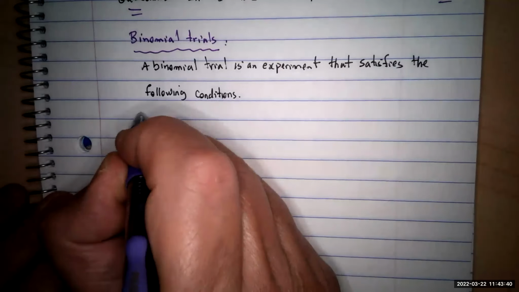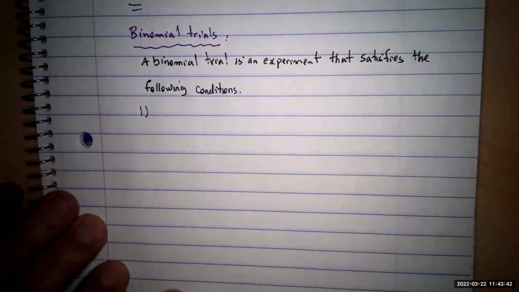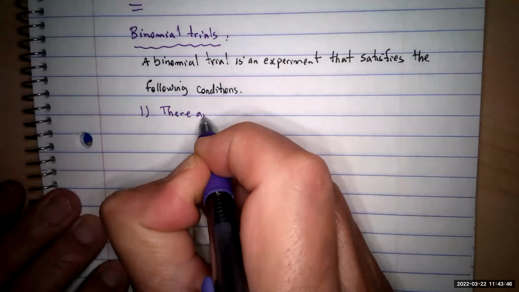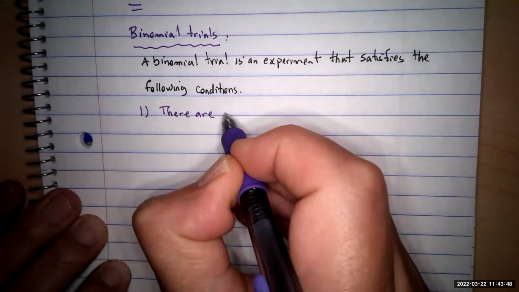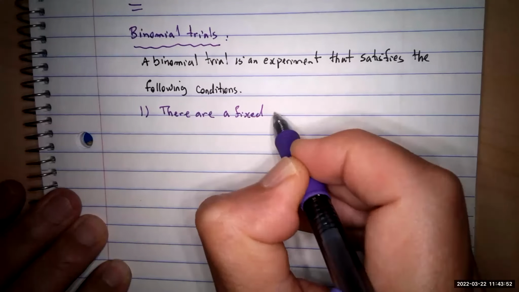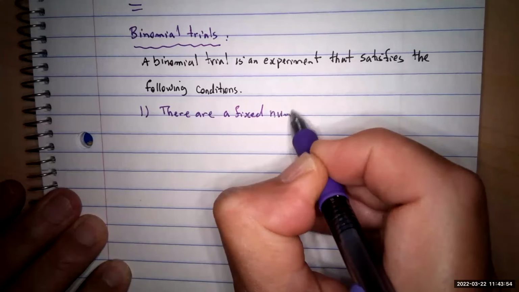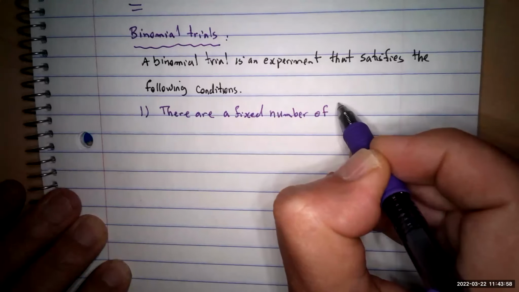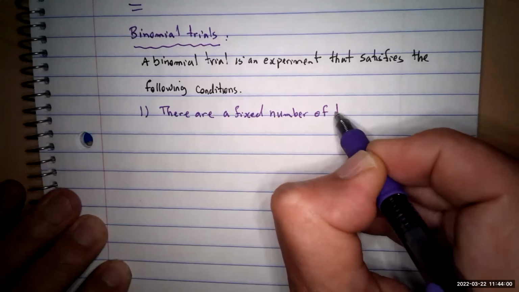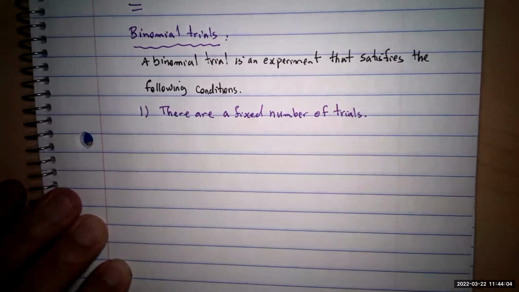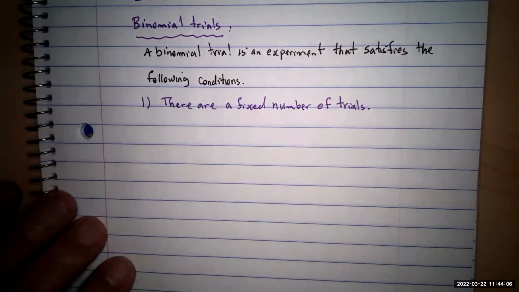So the first condition is that there is a fixed number of repetitions or trials. You have to stop somewhere.